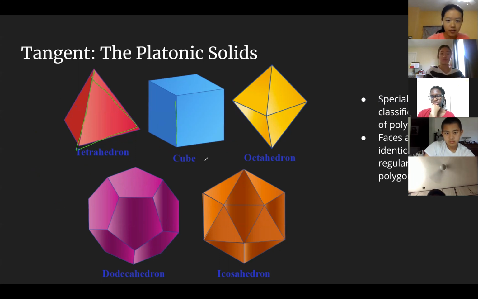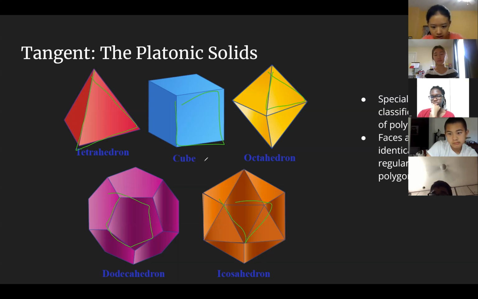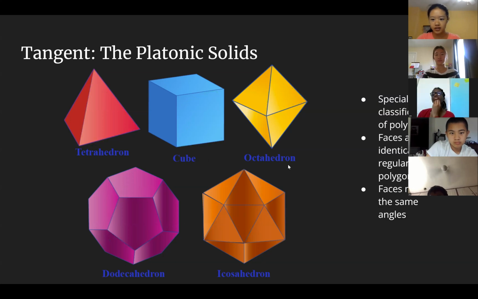In a cube, all the faces are squares. In an octahedron, all the faces are also equilateral triangles. In a dodecahedron, they're all regular pentagons. And in an icosahedron, they're all also triangles. So those are the Platonic solids.